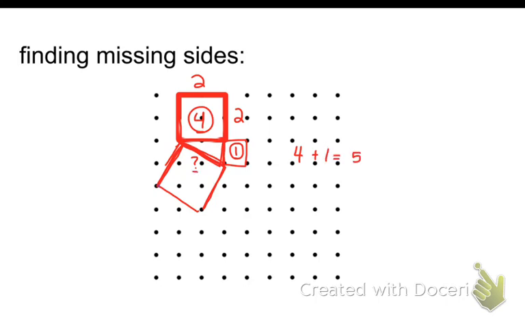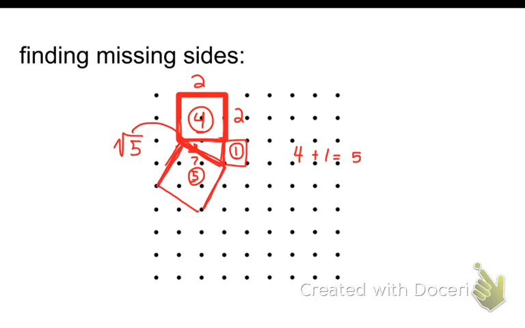But this side right here is not going to be 5. I know that the area of the whole thing is going to be 5. But if I want to find that missing side, it's actually going to be the square root of 5. Now this is a tricky idea.